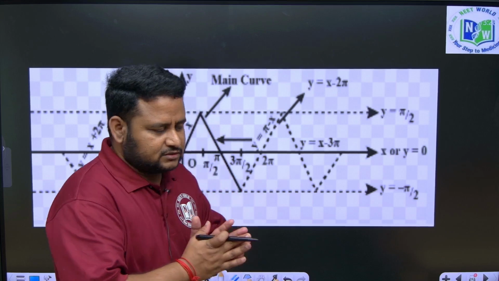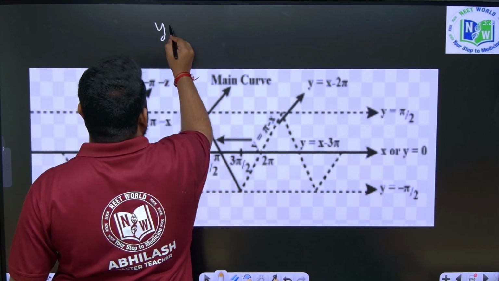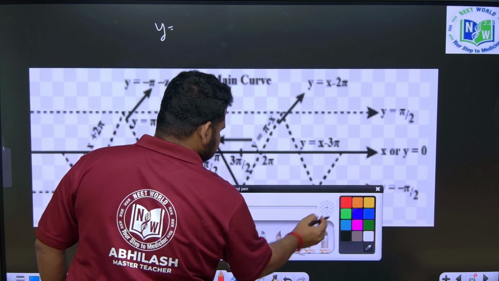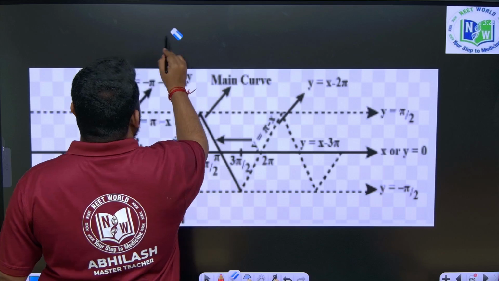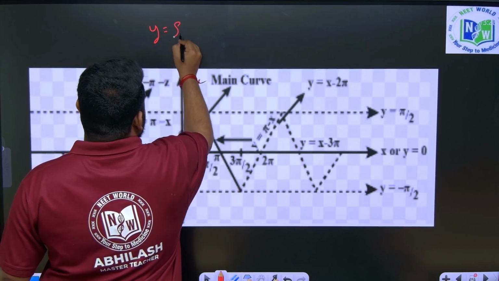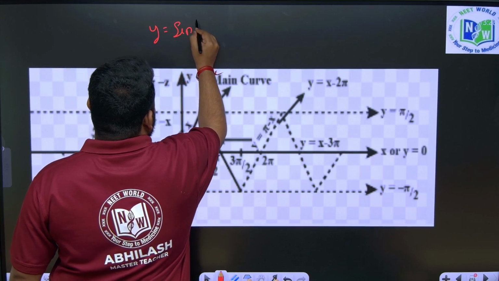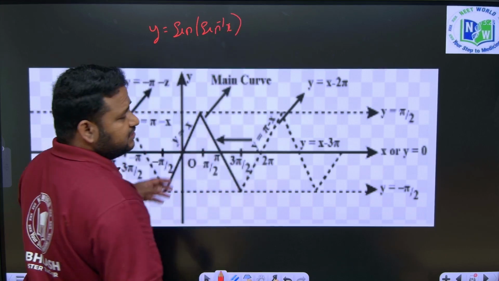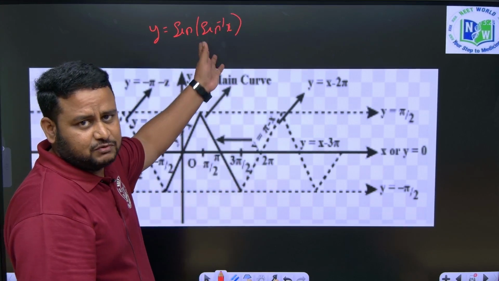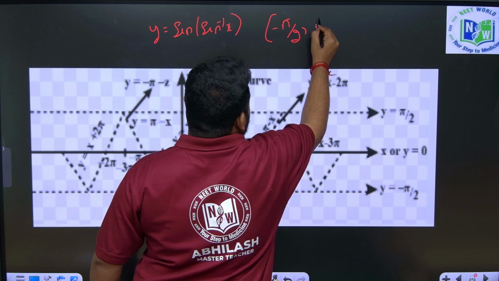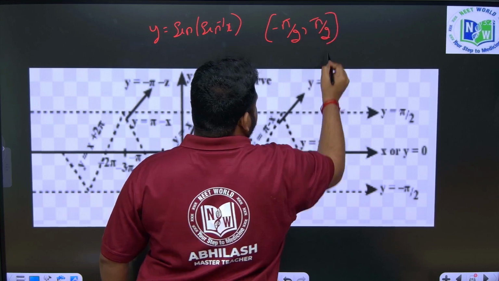Suppose the function given is y is equal to sine of sine inverse of x. Its principal value branch is minus pi by 2 to plus pi by 2, closed interval.